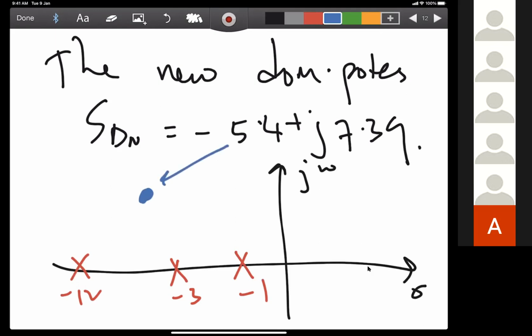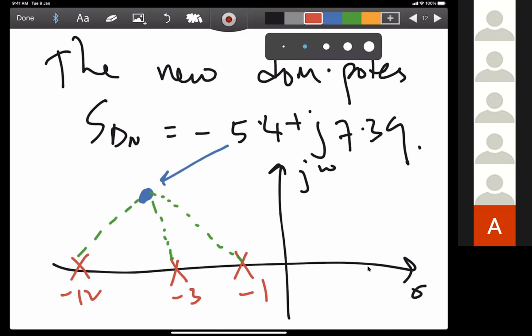Then every pole corresponds to the new dominant pole. And then since we are going to design for PD, so we put the PD zero anywhere. Assume it is here.